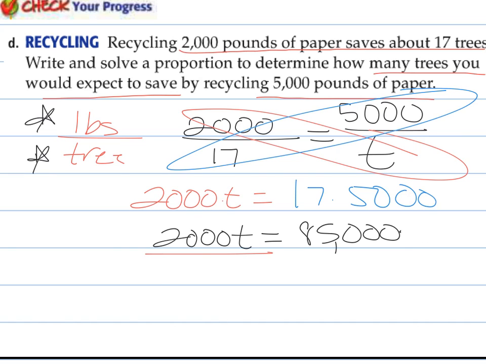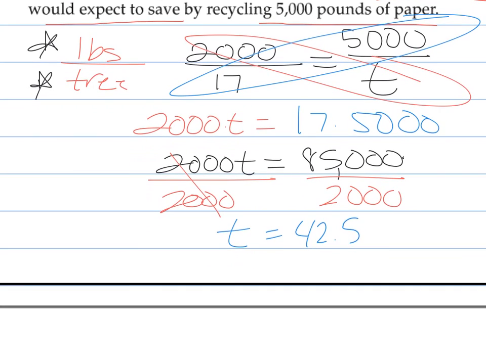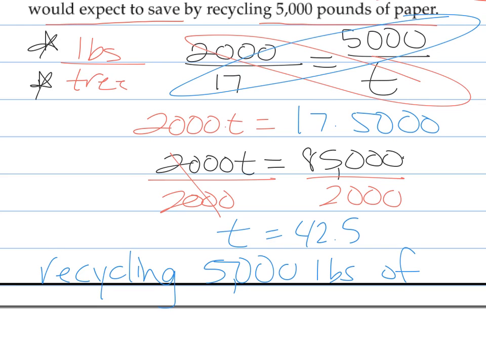So to get T alone, I divide by 2,000. And I get T equals 42.5. So that means recycling 5,000 pounds of paper saves 42.5 trees.